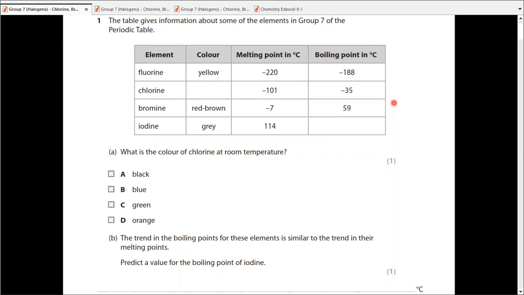Just a prediction. You can even predict a range, that's fine. You can predict a single boiling point, that's all right.